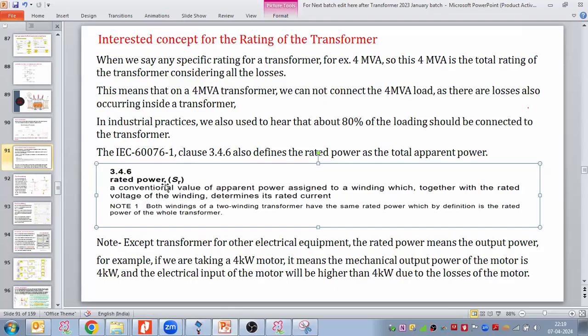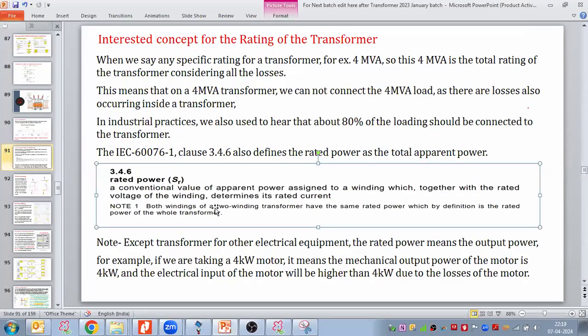This IEC defines a conventional value of apparent power assigned to a winding, which together with the rated voltage of the winding determines its rated current. Both windings of a two-winding transformer have the same rated power, which by definition is the rated power of the whole transformer.